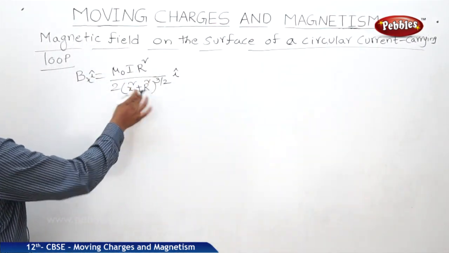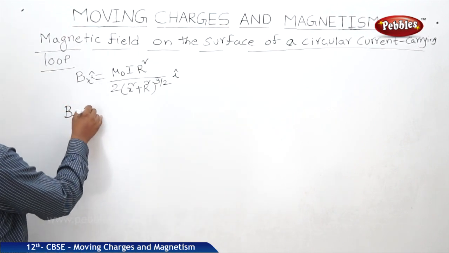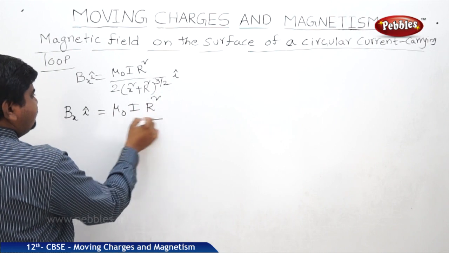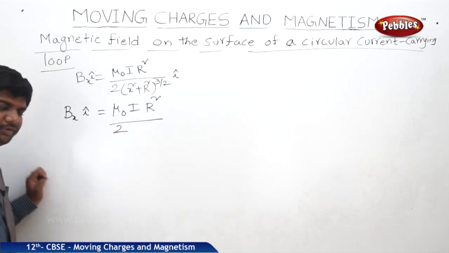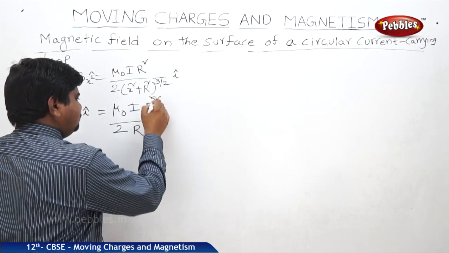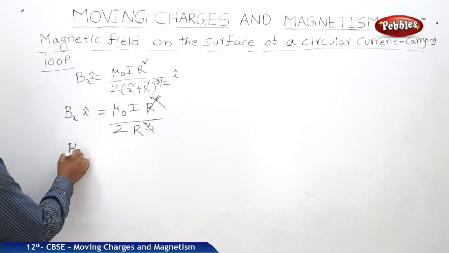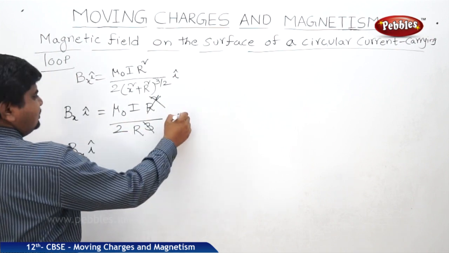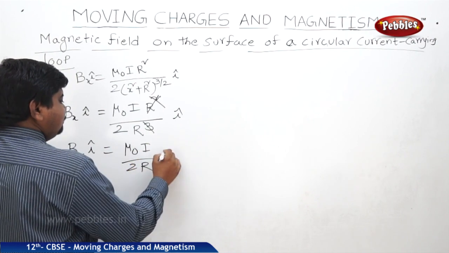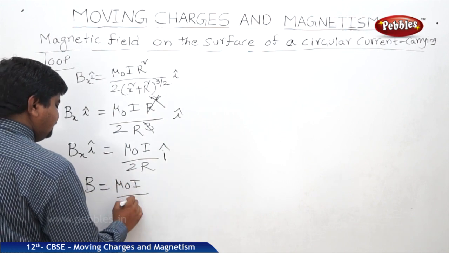Substituting r square plus x square equal to r square, the magnetic field along the x component will become mu naught I r square by 2, r square whole power 3 by 2 will become r cube. So r square by r cube is one by r. Therefore Bx i cap is mu naught I by 2r into i cap. Therefore, B is equal to mu naught I by 2r.